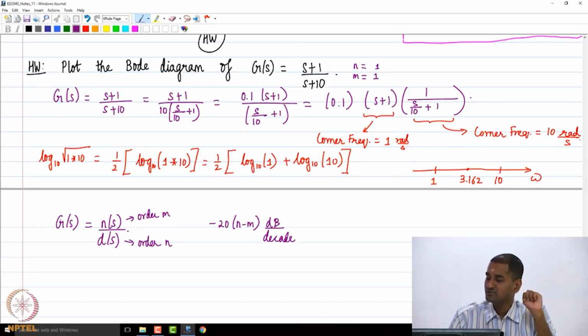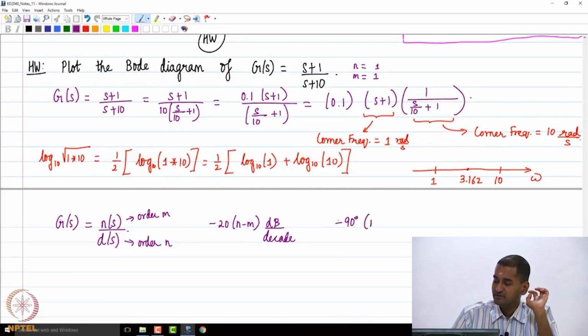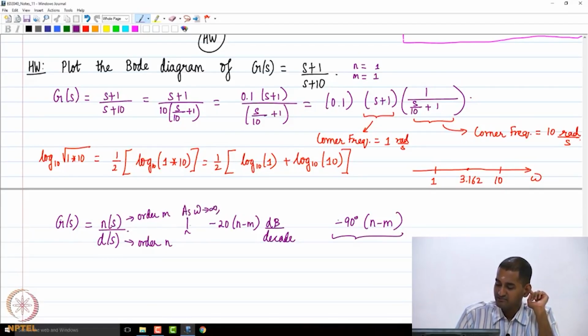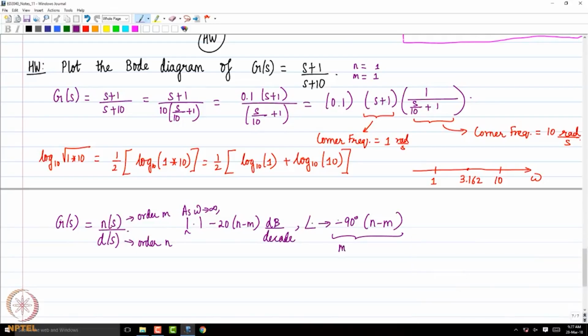And what can you say about its phase as omega tends to infinity? For a minimum phase transfer function, you remember, the phase tends to minus 90 times n minus m. So, these are the results as omega tends to infinity: the magnitude tends to this one, the phase tends to this for a minimum phase system.